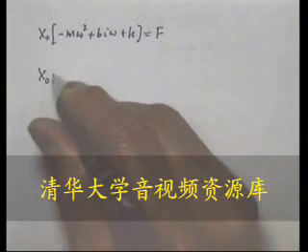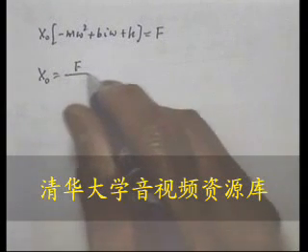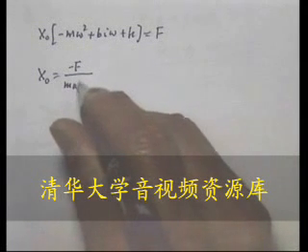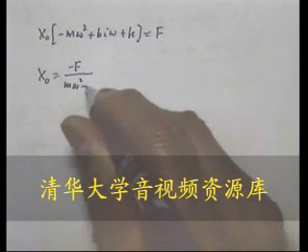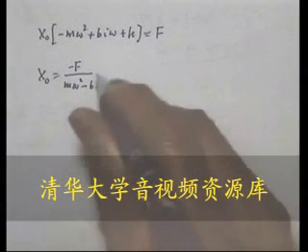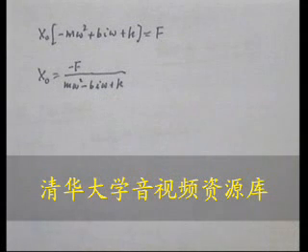So x0 is equal to f divided by minus m omega squared plus b i omega plus k. x0 is the amplitude of the oscillation, and the denominator is a complex number.